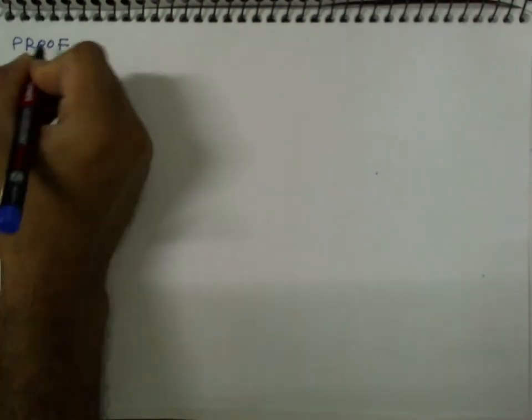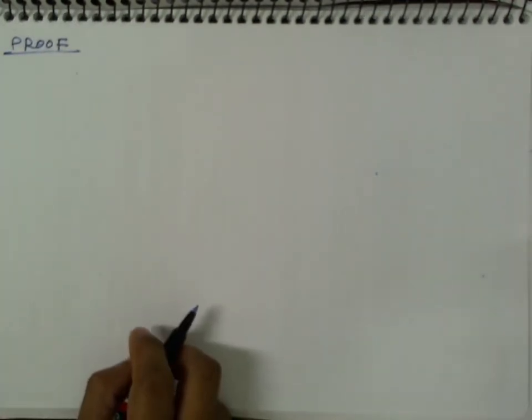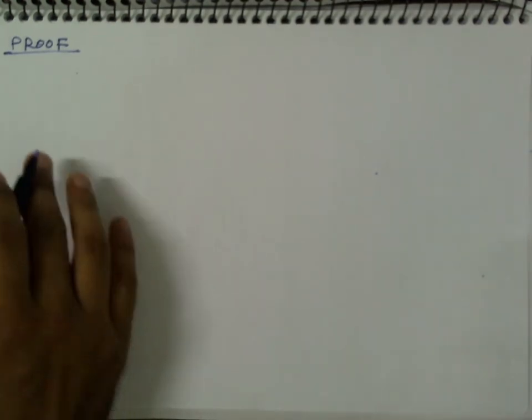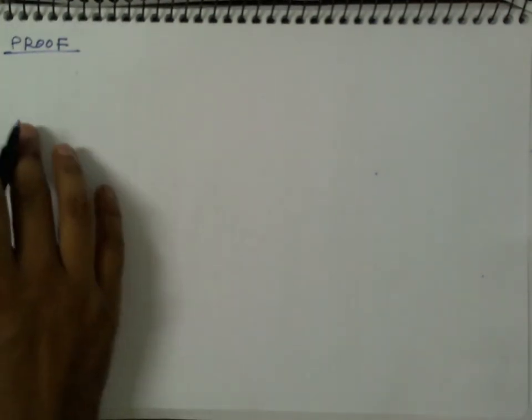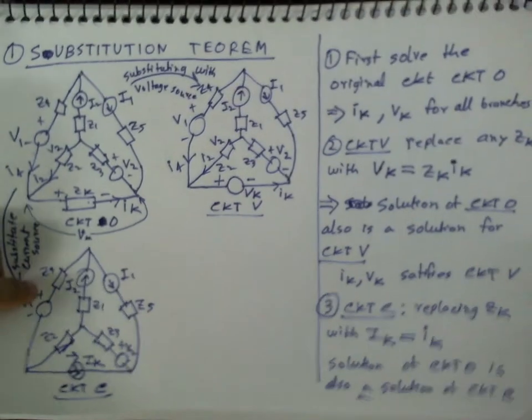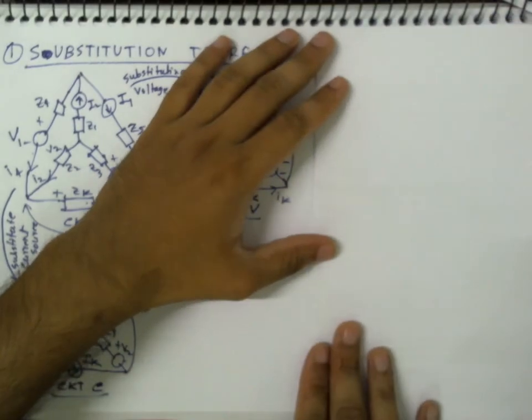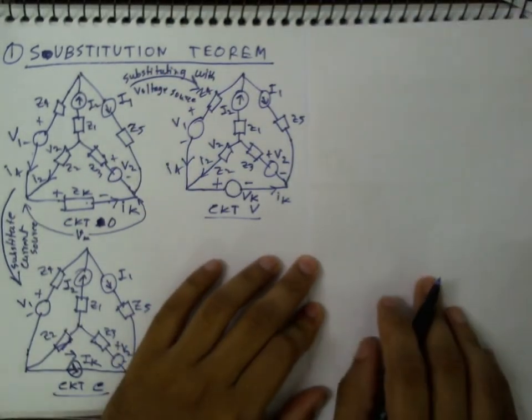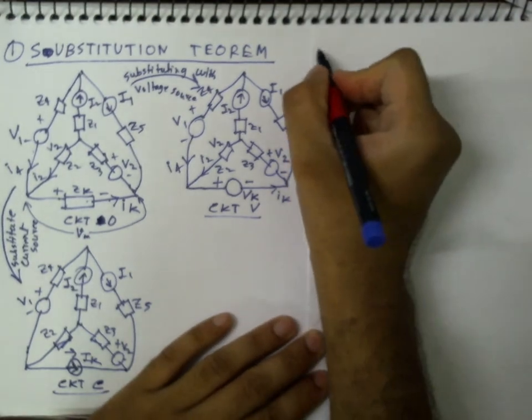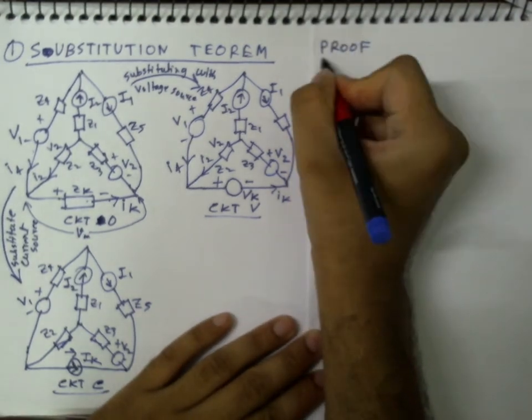Now let's briefly talk about the proof of this substitution theorem. So, proof. For that I will redraw the original and the substituted circuit, or maybe I can just do it here. Okay, so the proof goes as follows.